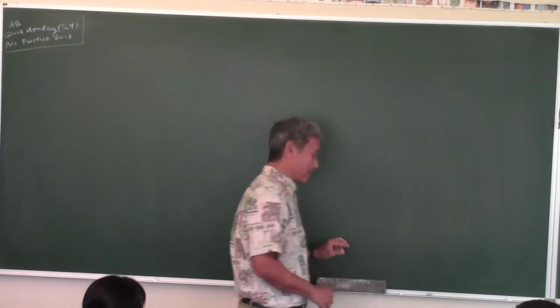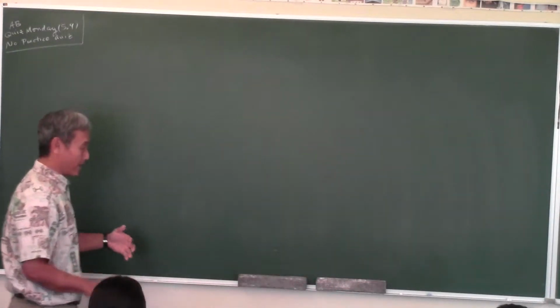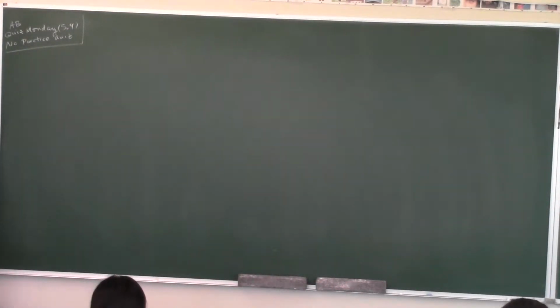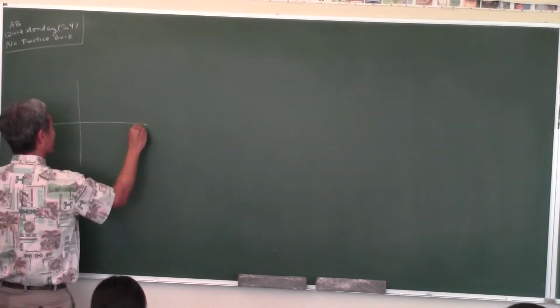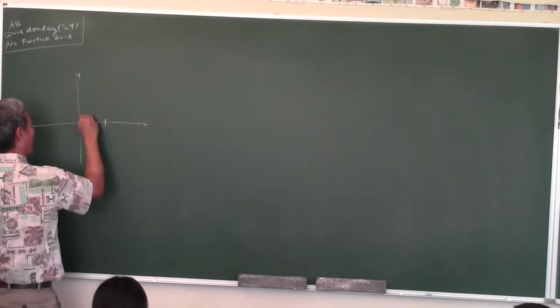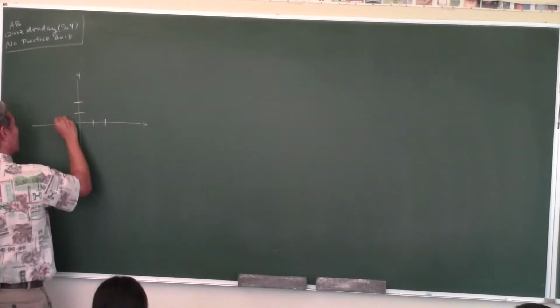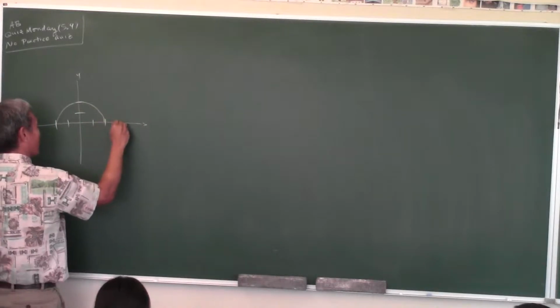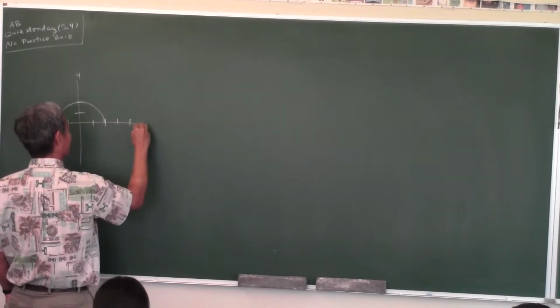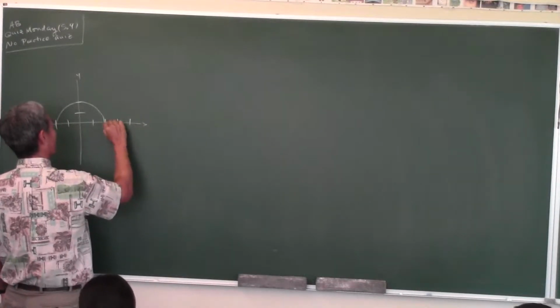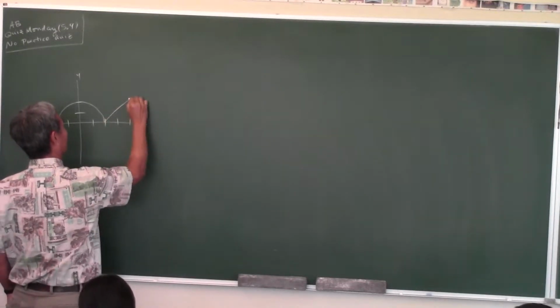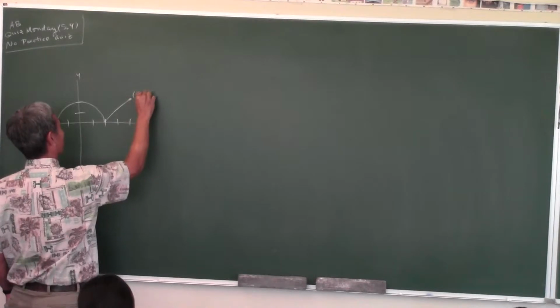Now, I'm gonna tell you right now, this problem has been on the AP exam on the free response the last 5 or 6 years, so it's gonna be there this year. So what they're gonna do is they're gonna give you a graph like this. Let's say it's a semicircle, and then you have a line. Here's the point 4, 2.